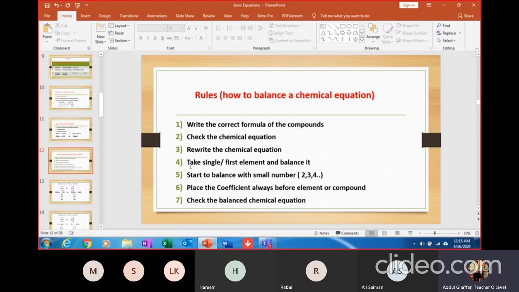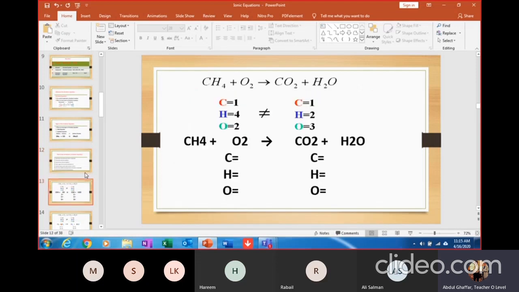Then the fourth one is take a single or first element and balance it. Start to balance with a small number. This number which we are placing is called the coefficient, right? So place that number or coefficient always before the element or compound, right? And then finally we will check the balanced equation. These are the rules.